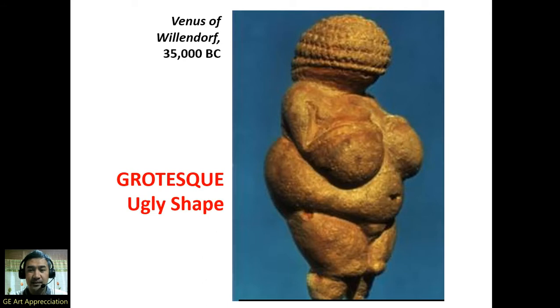I mean real. Ginawa na lang siya ng statue, no? Venus of Willendorf ay talagang ganyan yung kanyang hubog ng katawan, no? Bulgy yung kanyang stomach, bulgy rin yung boobs, no? At tapos napakaliit niya lang, no?